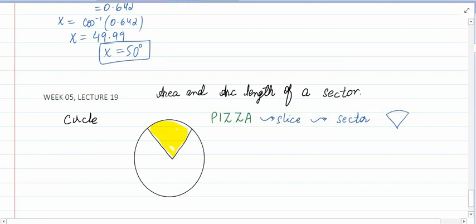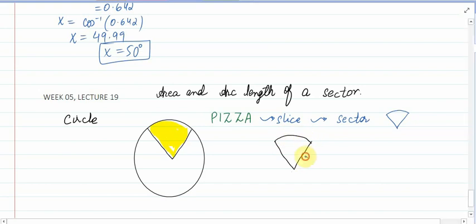So first you know what a sector is. So a sector is a slice of a pizza. Why am I giving you this example? Because after this example you have a clear idea how a sector looks, because we have seen pizza many times in our lives, right? So that is a sector. Now in a sector we have some terminologies, right?